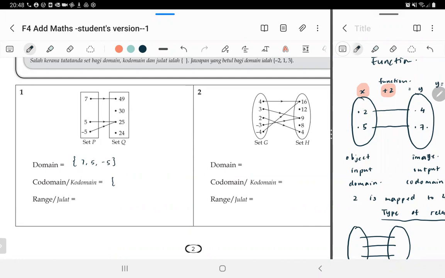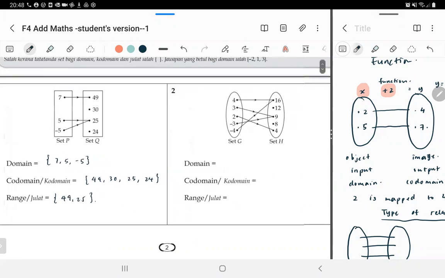Then how about the range? More or less the same as codomain, but it involves only the images. Yep, correct: 49 and 25.